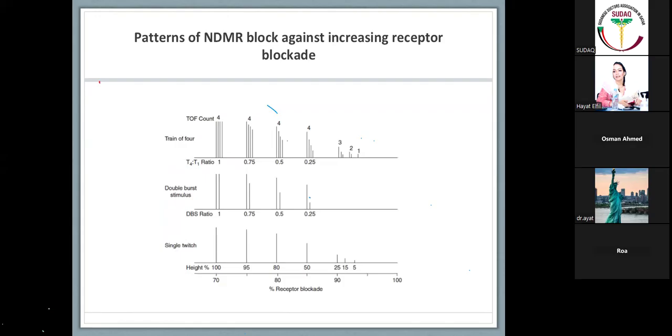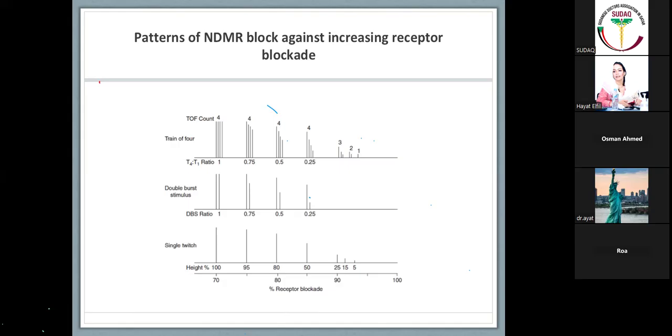As the receptor occupancy increases, going to 80%, there is a reduction in the height of the train of four. So the ratio became 0.75, so T4 is 3/4 of T1. And then as the receptor occupancy increases, the ratio is decreasing.